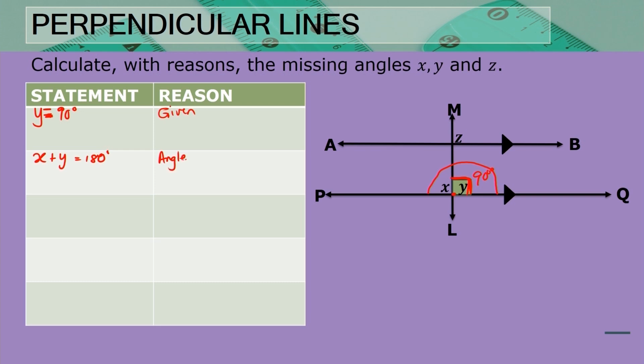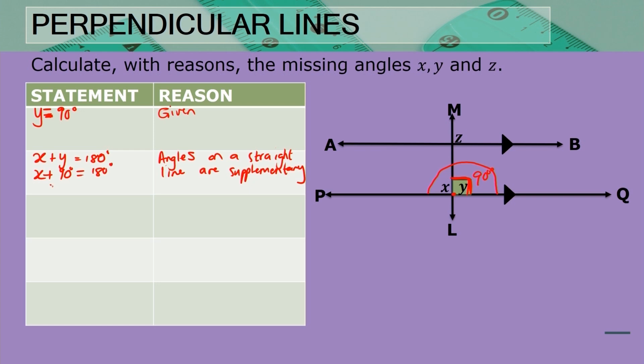And our reason for this is that these angles on a straight line are supplementary, which means that they add up to 180 degrees. Now, we already know that our Y is equal to 90 degrees.